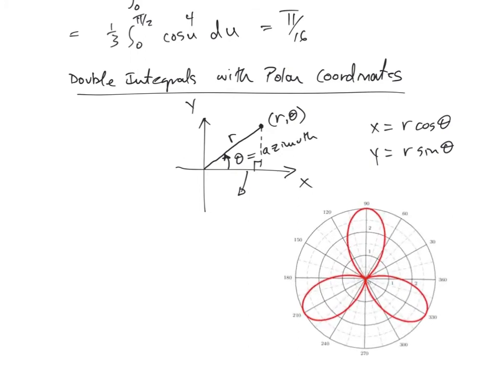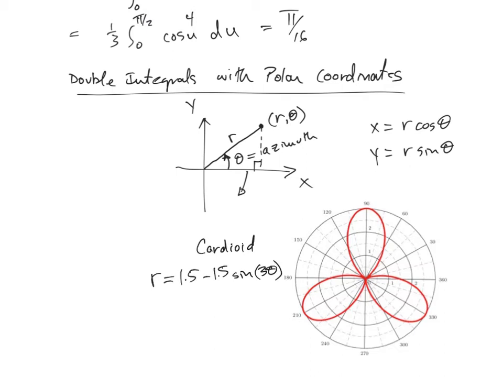But if you try to write the mathematical expression for that curve in x and y, it's very nasty. Whereas if you do it in r and theta, this is called a cardioid. And it's equal to r equals 1.5 minus 1.5 sine of 3 theta.